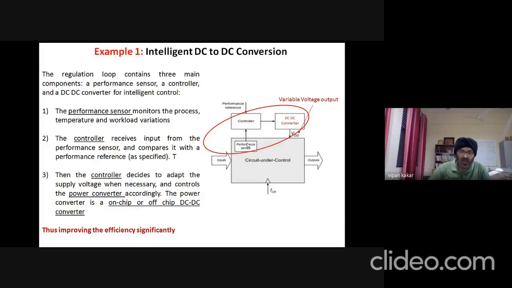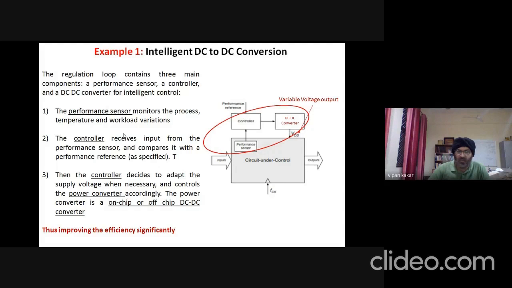It finds out the workload variations, and there is a controller and a DC to DC converter for intelligent control. The controller gets the input from this sensor, which senses the workload requirements. Based on these inputs, the controller decides and then sends the signal to the DC converter to scale the output voltage so that it can be sent to the circuit over here.